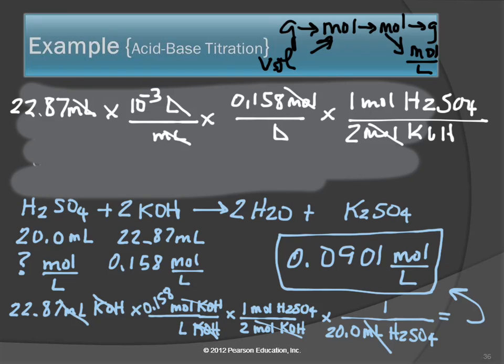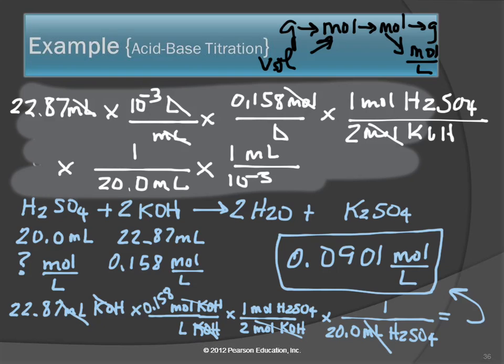And so now we've solved for moles of sulfuric acid, and we need to divide by the volume, which is 20.0 milliliters. But we need that to be liters, so we're going to convert to liters. And the milliliters cancel out. And the 10 to the minus 3s cancel out.